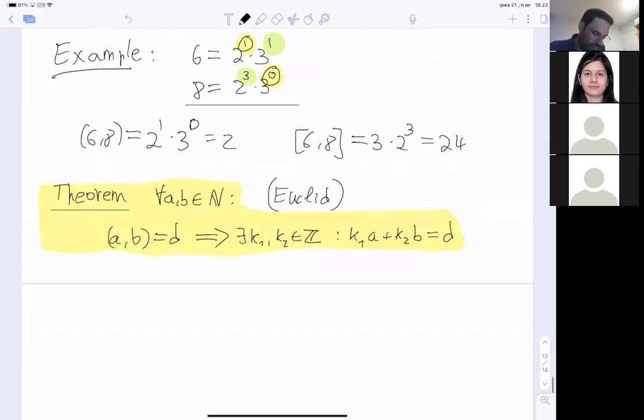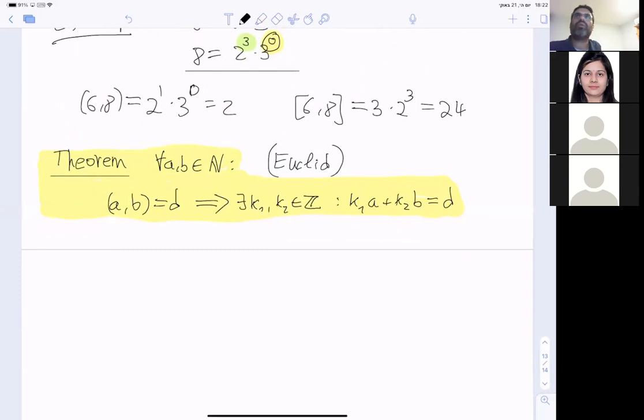Now, the proof of this theorem is also important because it's constructive. We're going to see in practice how we find these K1, K2. For example, in the last example, we had 8 and 6, and the GCD was 2.